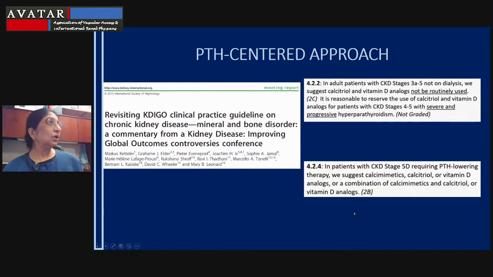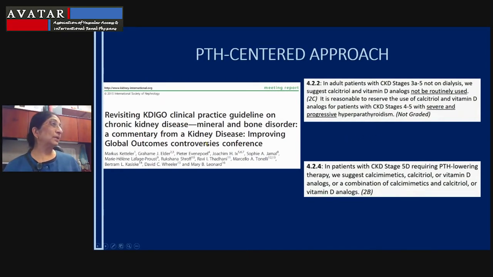So, in spite of understanding the fact that osteoporosis does occur in chronic kidney disease, the component of PTH is what we have focused on as nephrologists. Our treatment of bone disease in patients with chronic kidney disease has basically been a PTH-centered approach.